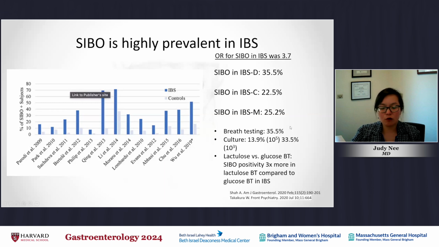By breath testing overall, there's a 35% prevalence, and by culture, 13.9% by more stringent criteria. If it's a little more relaxed, at the consensus guideline threshold of 10 to the third, then the prevalence is 33%. It's important to note that if you use the lactulose hydrogen breath test in these studies, you're 3 times more likely to be diagnosed with SIBO compared to the glucose breath test.